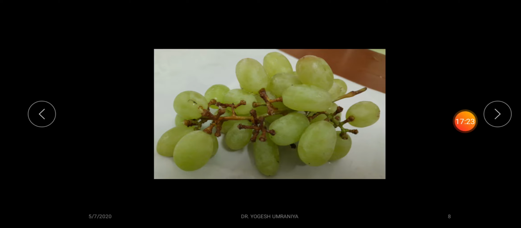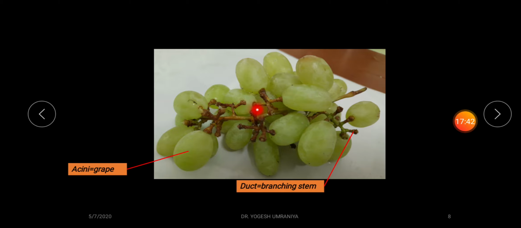In a bunch of grapes you can see each grape has the same arrangement like the acini. So you can refer to a single grape as an acinus of a salivary gland, and next you can see the various branching stems here. That is representing the duct system of any salivary gland.